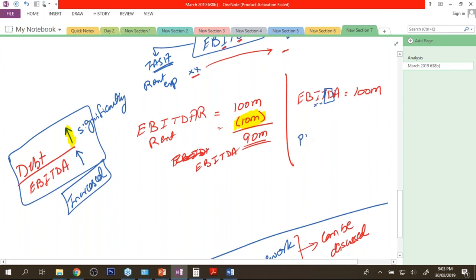So if my profit before tax was, let's say, 200 million or 90 million, we add back the depreciation, we add back the finance cost, we add back the amortization to get the EBITDA. So whatever depreciation would have been charged on the right to use asset would be added back to get the value of the EBITDA.